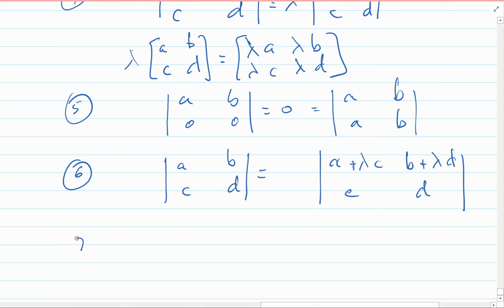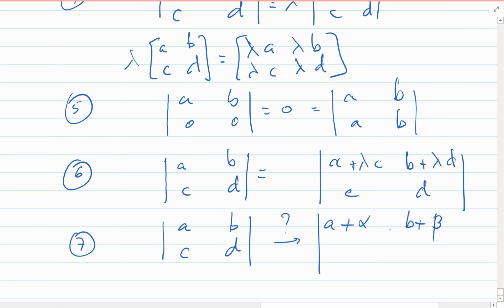One more, 7, which is what happens if you have, say, A, B, C, D, and you want to add numbers to one row, okay? So we add alpha and beta to one row. So here, what is the relationship with, if we have A plus alpha, B plus beta, and C, D, okay?